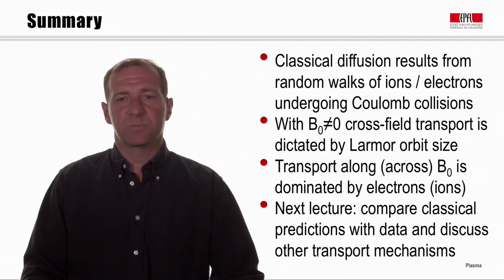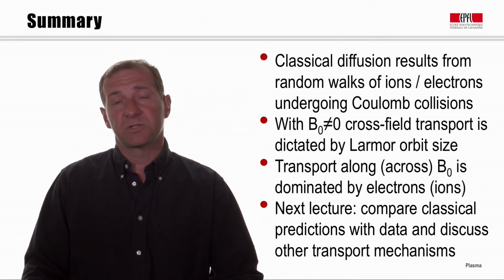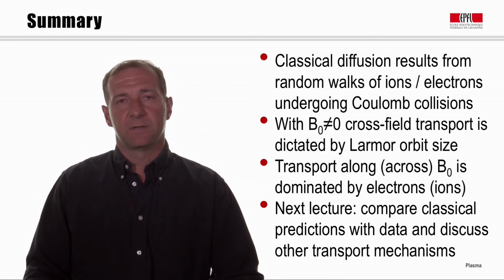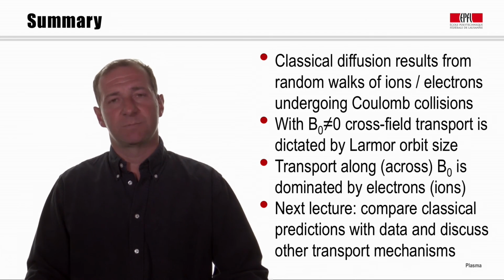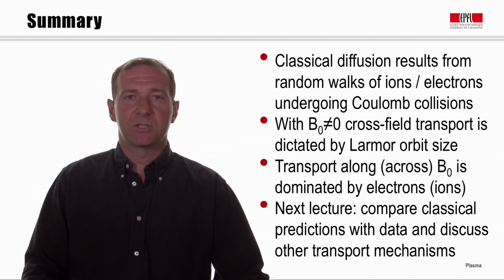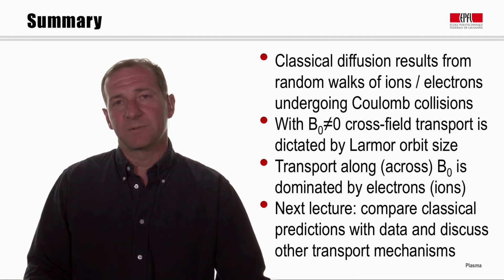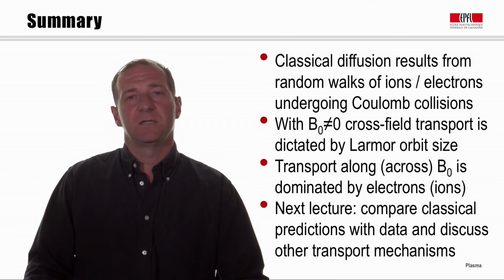We have seen that the transport along the field is dominated by the electrons, while the transport across the field is dominated by the ions. In the next lecture, we'll compare the predictions of this classical theory with the experimental data from fusion devices, and we'll discuss how we can actually go beyond the classical paradigm and explain the experimental data, and what are the transport mechanisms that actually play in the fusion devices.